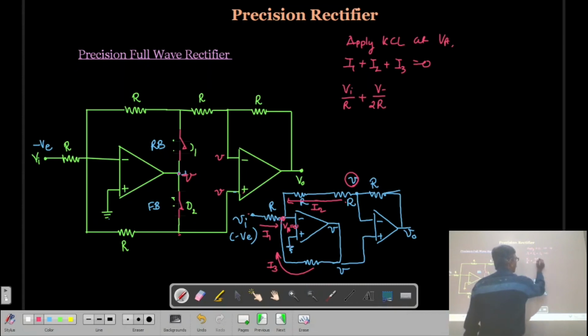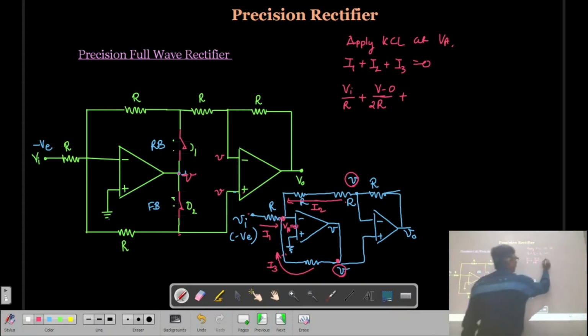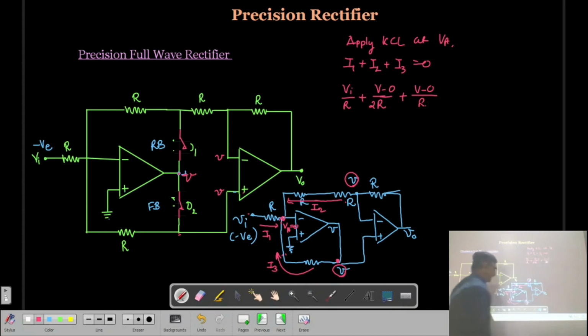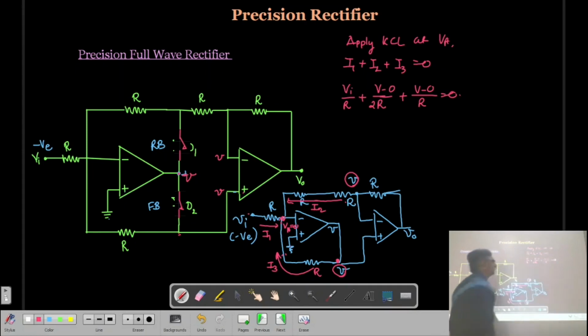Here you can say V minus 0 divided by 2R. Now I3. The potential at this point is V, and here it is 0. So again we can say V minus 0 divided by R, which is passing through the resistance R, and this is equal to 0.